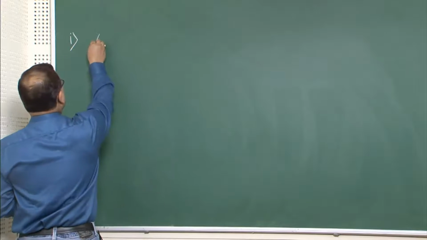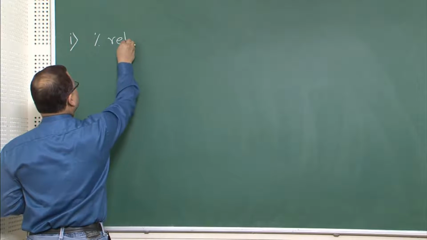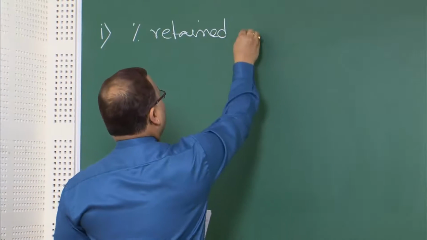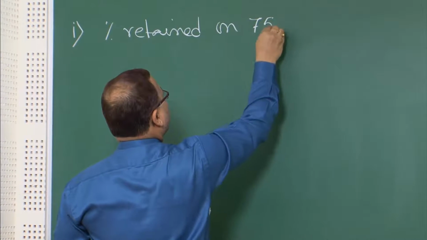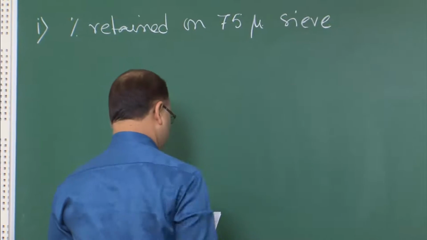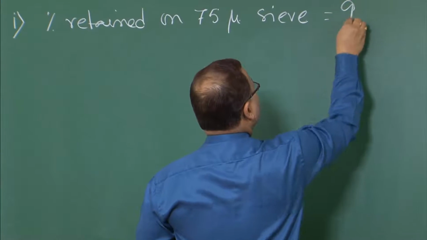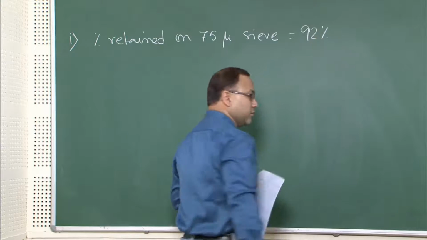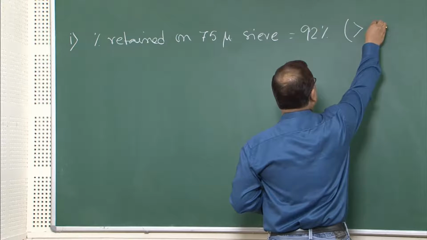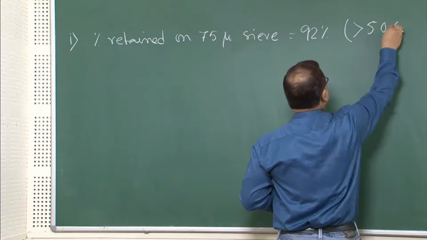So, it is given percentage retained on 75 micron sieve equal to 92%, right. Which is basically greater than 50%.